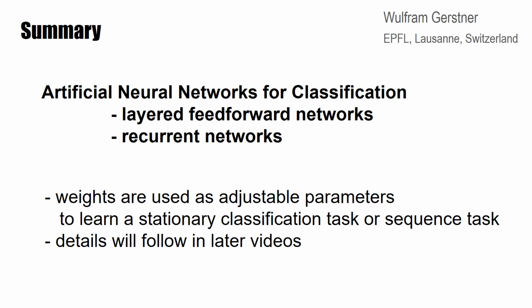In all these cases, it's the weights that are used as the adjustable parameters, and you can train a neural network in a stationary classification task. Stationary means static input, static output, or you can also train it on a sequence task. Typically, you would use a recurrent network for that. And the details will follow in later videos.